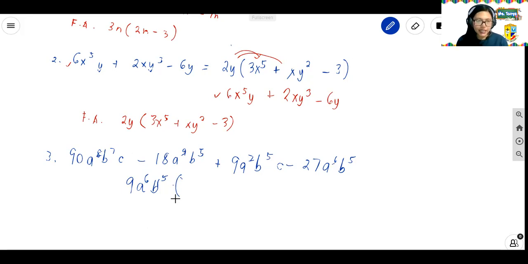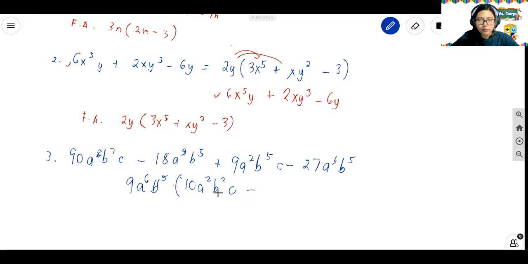So 90a to the 8, b to the 7, c divided by 9a to the 6, b to the 5th. We will have 90 divided by 9 is 10, a squared, b squared, c. It's because 8 minus 6 is 2, 7 minus 5 is 2, and then c will just be written there.